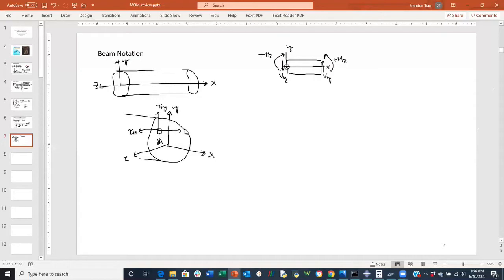And now we obviously have sigma x, and that's in the positive x direction here.